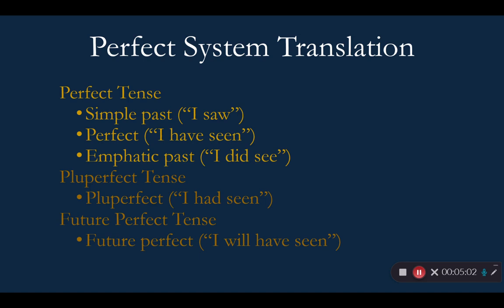Now, the second way to translate the Latin perfect is with the English perfect. The key to the English perfect is to use the helping verb have, or for the third person singular, he, she, it, the helping verb is has. So the helping verbs for the English perfect tense are have and has.